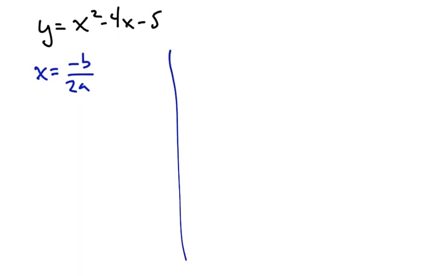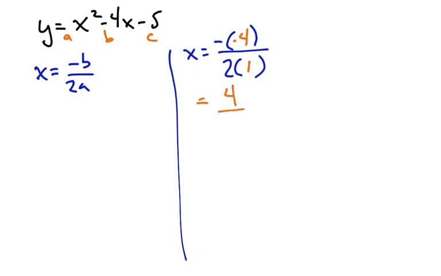The thing is, a is the coefficient of the first term, b is the coefficient of the second term, and c is the coefficient of the third term. So when we're looking at -b over 2a, b is -4, and a is just 1. So we would simplify this into 4 over 2, which is 2. That is the x-coordinate of our vertex.